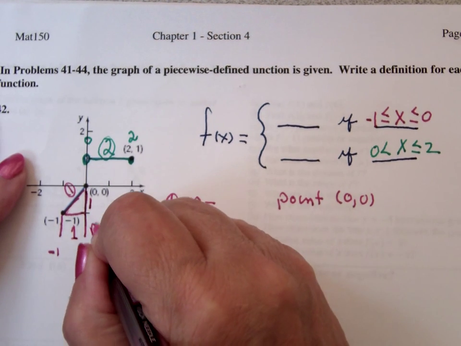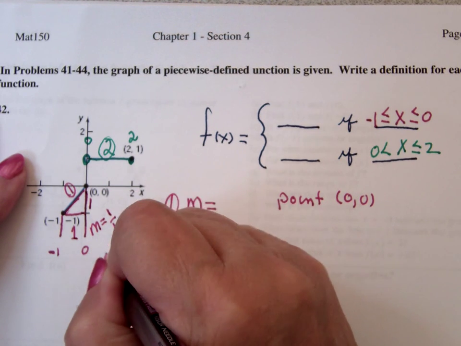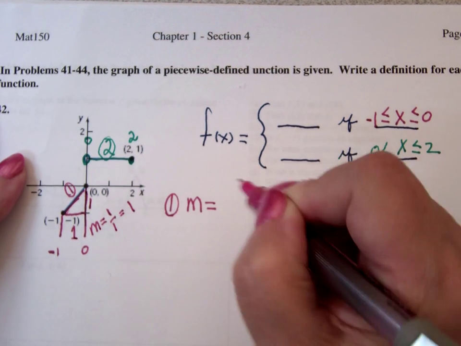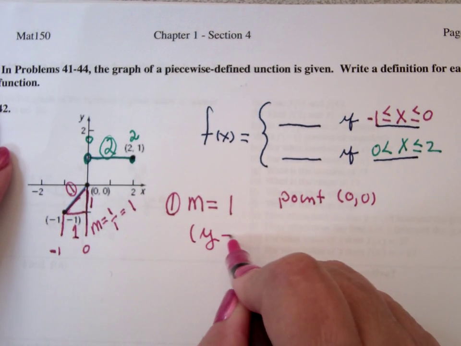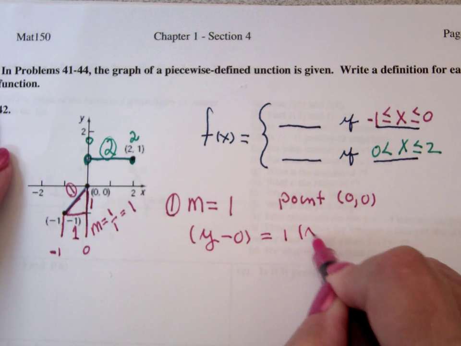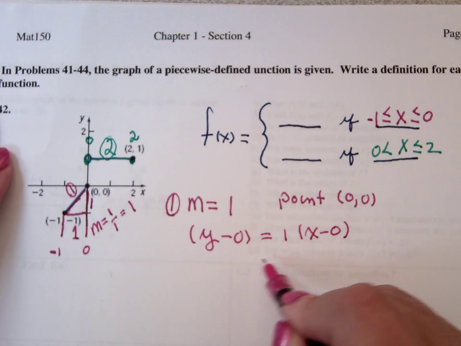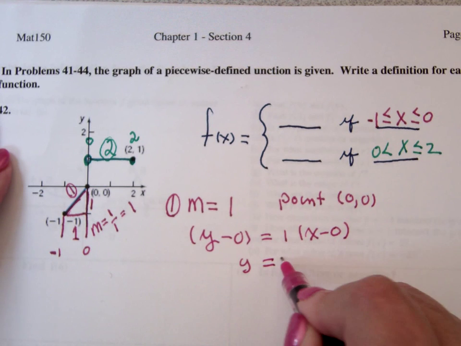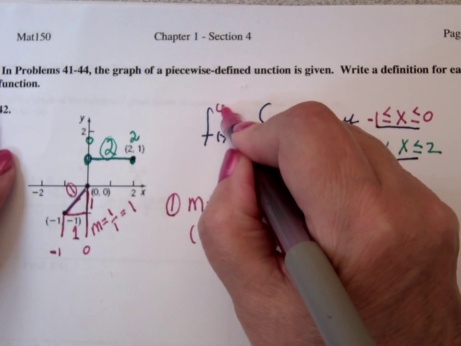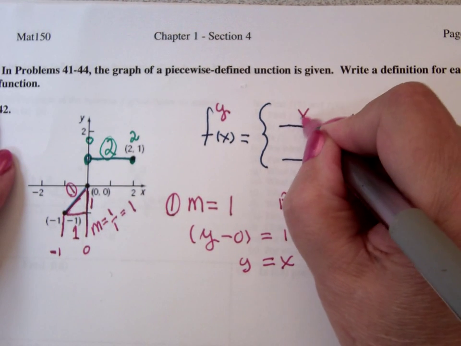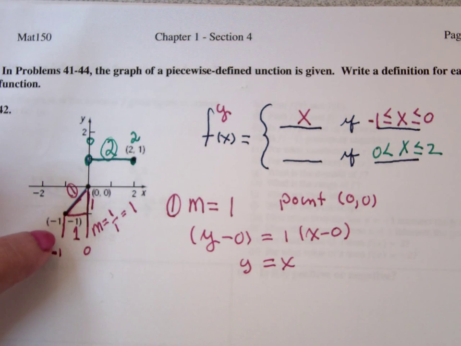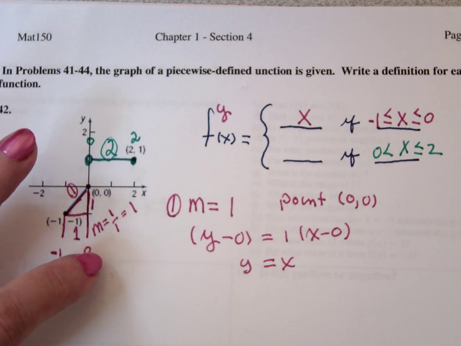So I look at the slope as being 1 over 1, which is 1. So I know that y minus 0 equals 1 times x minus 0, or in this instance, y equals x. Remember, f of x is just a y value. So that says y equals x as long as x is between -1 and 0.